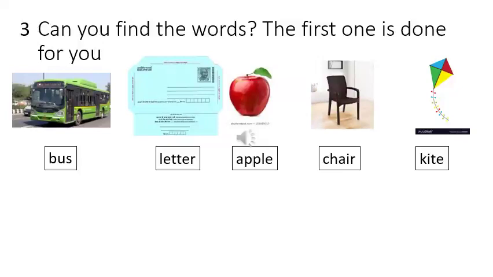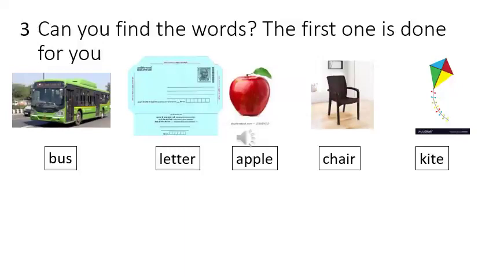And don't make spelling mistake. The second picture is letter. What is the spelling of letter? L-E-T-T-E-R. Letter. The third picture is apple. You all must be knowing the spelling of apple. It is very easy. A-P-P-L-E.